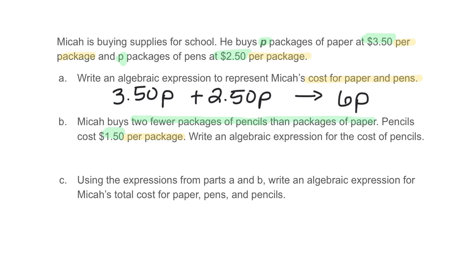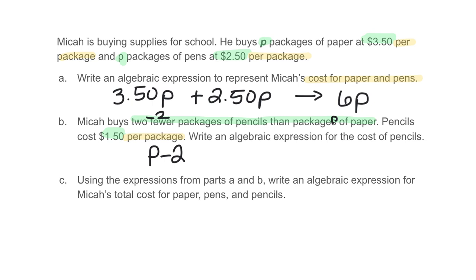So we don't know how many packs of paper he bought, but from the statement at the very top, it tells us he bought P packages of paper. So when I use this 2 fewer packages of pencils than packages of paper, I'm going to remember that he bought P packages of paper, and we need to subtract 2 from it to show 2 fewer. So that means P minus 2 could represent the packs of pencils that he bought.